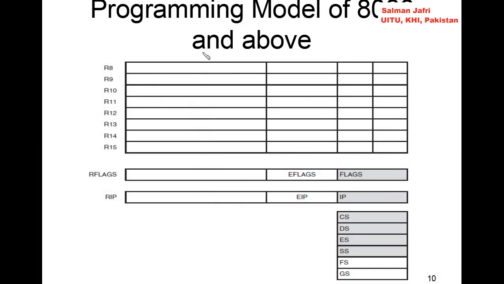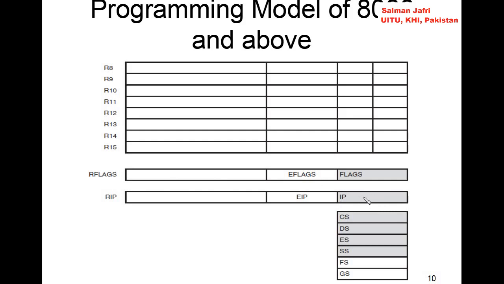And of course, the core architecture also has R8, R9, R10, R11 up to R15, special registers that are reserved for the core architecture, right? Then of course we have the flags register. Flag is a very important register that is used for seeing the effect of mathematical operations. EFLAGS is a 32-bit version, and RFLAGS is a 64-bit version.